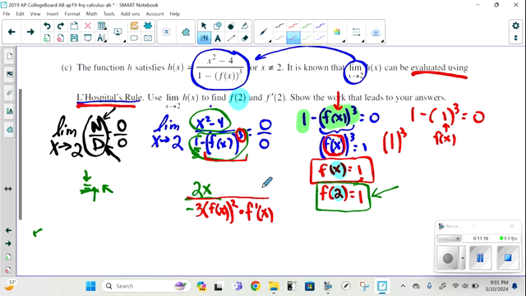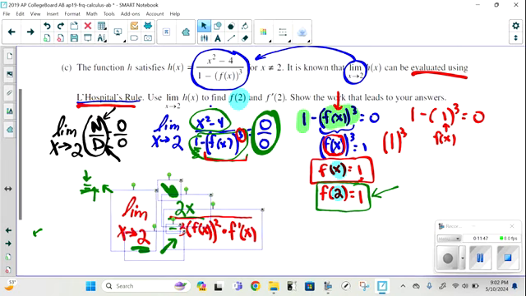All right? Now I can try throwing a 2 back in to solve it. That's what L'Hopital's rule does. If I end up with 0 over 0, I can take the derivative of the top separately, the derivative of the bottom, and try plugging my number back in. But here's the thing.